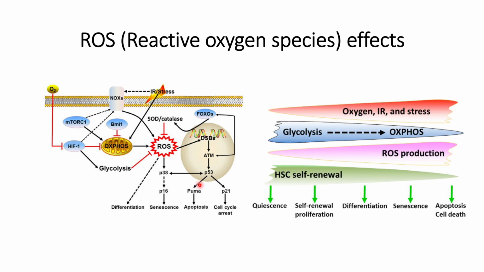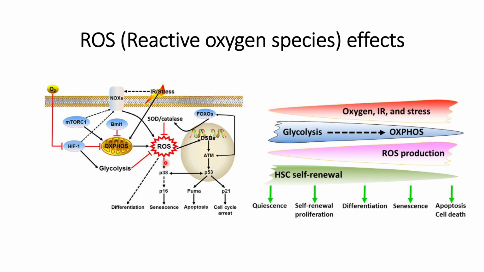P53 will decide whether the DNA break is within repairable limit or not. If it is not within the repairable limit, it will direct the cells towards apoptosis, that is programmed cell death. And if it is within repairable limit, it will arrest the cell cycle till the DNA breakage is repaired, so that this will not spread across other cells.